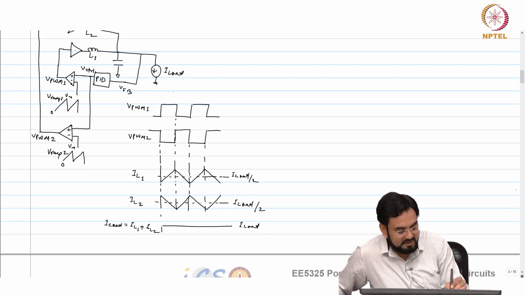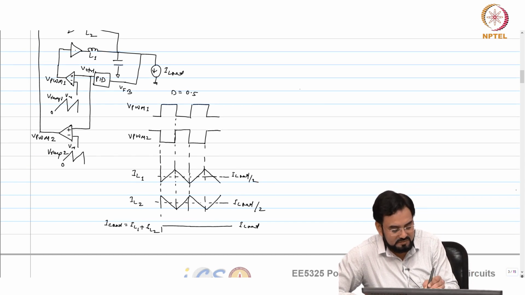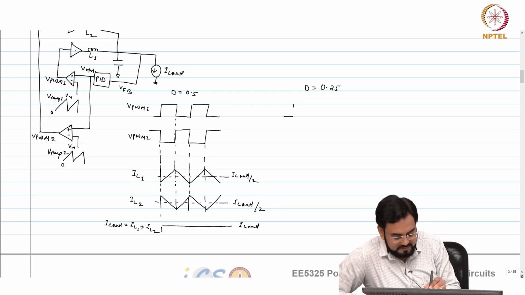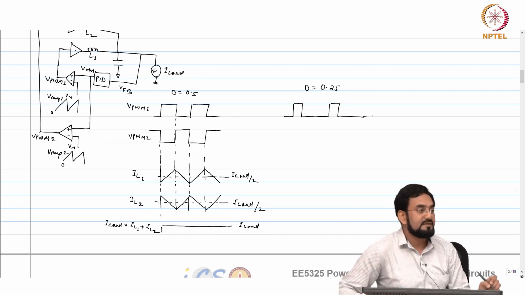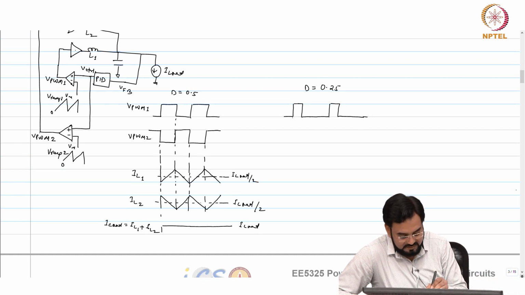So, this is D equal to 0.5. Let us take another case, D equal to 0.25. So, okay, this is your half period.